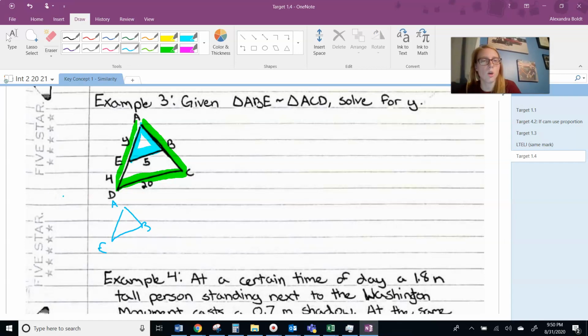And what sides do I know? I know this side is y, and this side is 5.